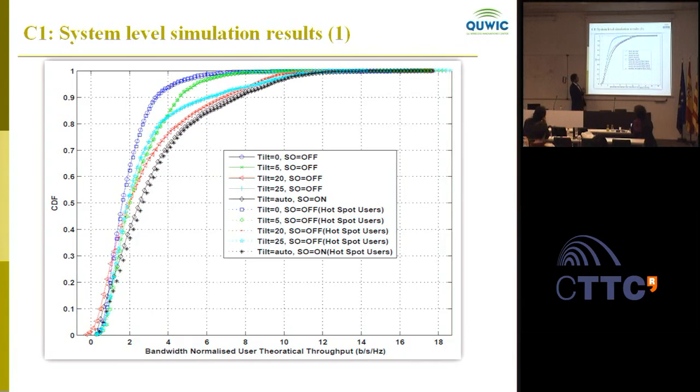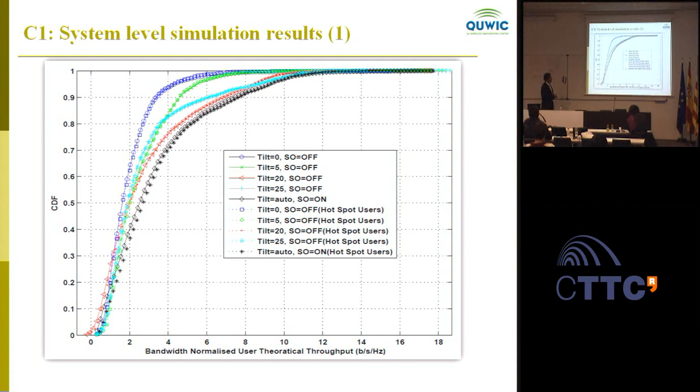What you see here is these two black lines. For hotspot users you have more gain. For non-hotspot users you don't have that much gain, but still it's much better than those typical tilting mechanisms which are manual and also kind of arbitrary.